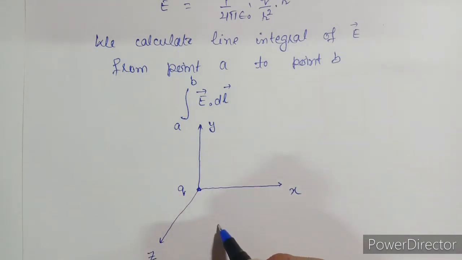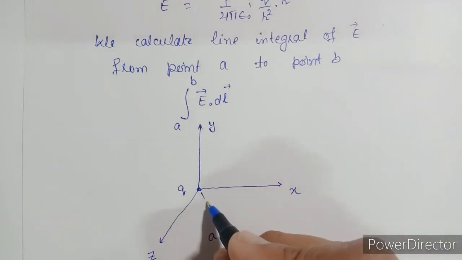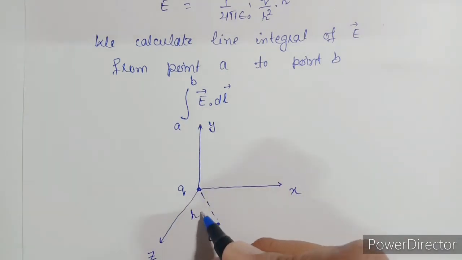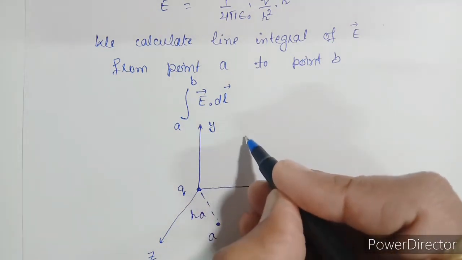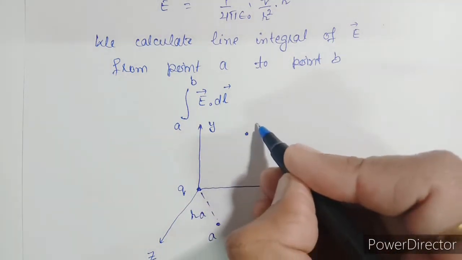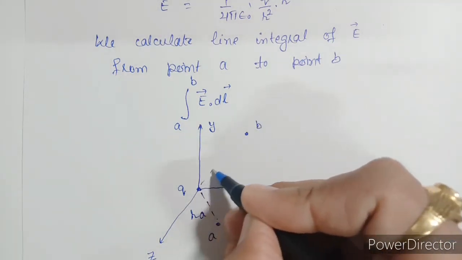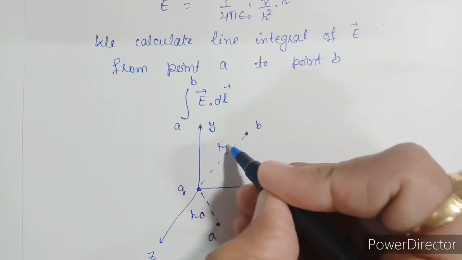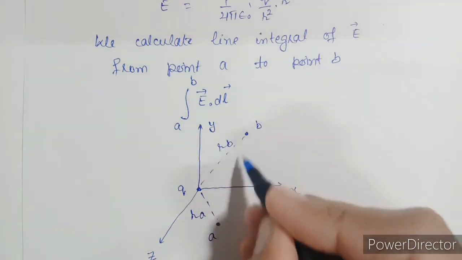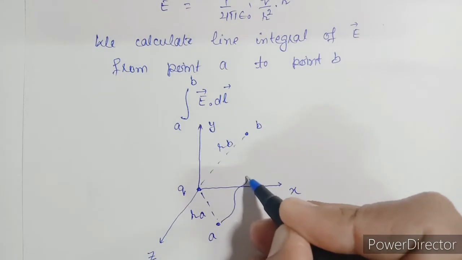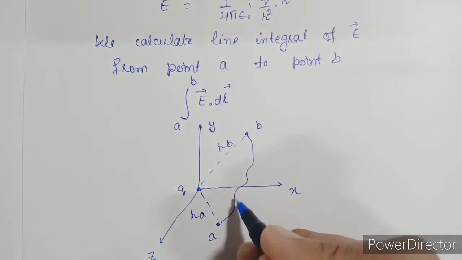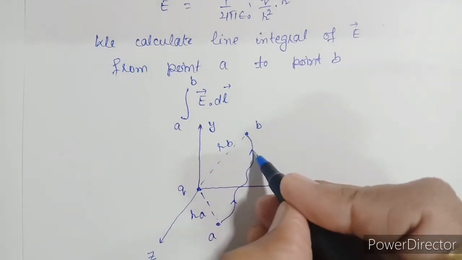And suppose we have a point A at a distance RA from the origin, and a point B at a distance RB from the origin, and we want to follow this path for the line integral.